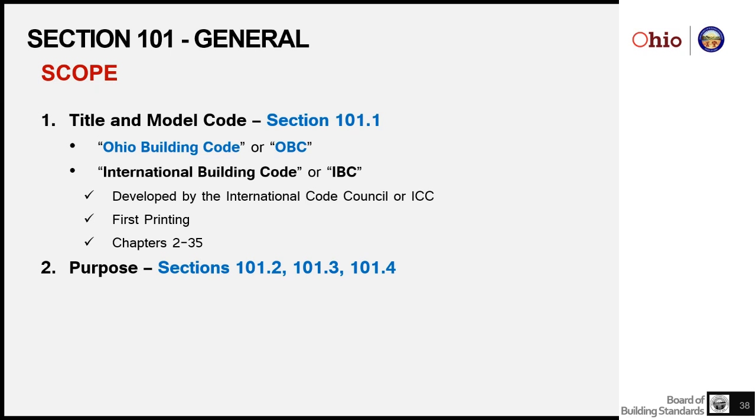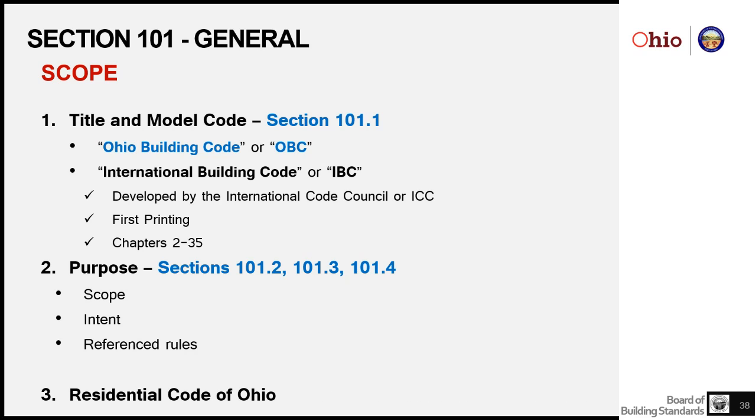The next sections are going to be talking about the purpose. So it'll be a scope about what is regulated, the intent, and how it interrelates with other rules, standards, and laws, and those things will come through by reference. I also mentioned that we have 2 families of codes. There is the Residential Code of Ohio, which deals with buildings that are exclusively 1, 2, and 3 family dwellings.